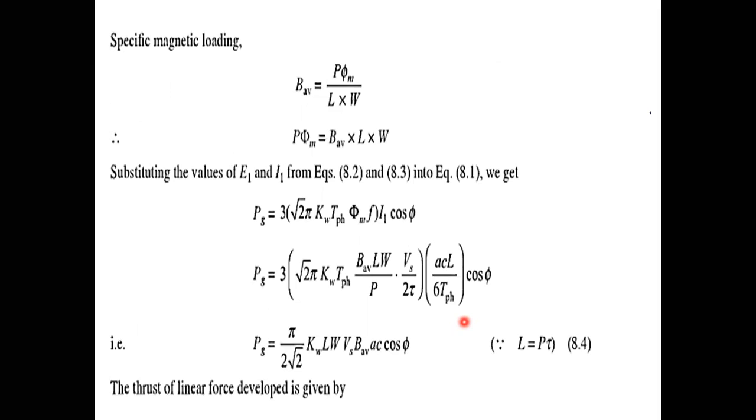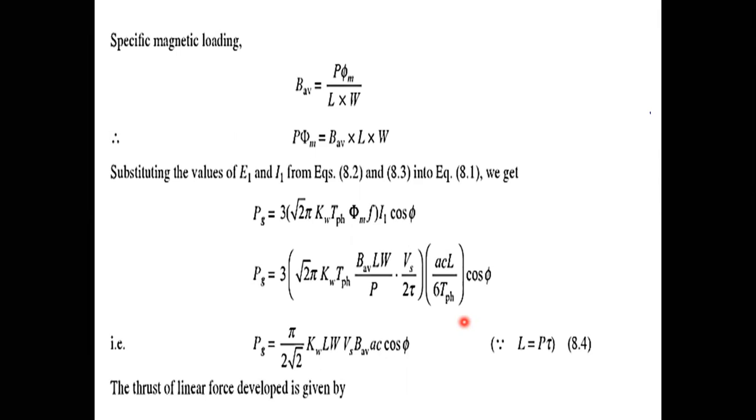B average is equal to P phi m by L into W. Then P phi m is equal to B average into L into W. The B average, the specific magnetic loading, is the ratio of P, the number of poles, into phi m, the magnetic flux, by L into W, where L is the number of poles into tau value, into W value.